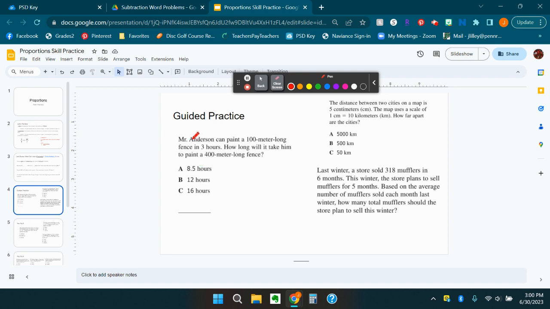The first problem says Mr. Anderson can paint a 100-meter long fence in 3 hours. That's my first fraction. So I'm going to have meters on the top, a 100-meter long fence, and that takes him 3 hours.